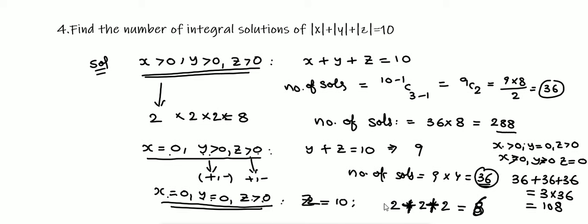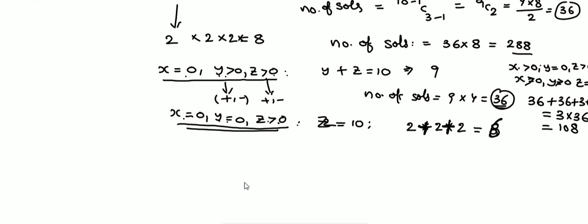In each possibility, 2 cases, and we have 3 such cases. So 2 plus 2 plus 2, that is 6. So finally, the number of solutions in this case equals 288 non-zero solutions, 108 with one zero, and 2 zeros and 1 non-zero, that is 6.